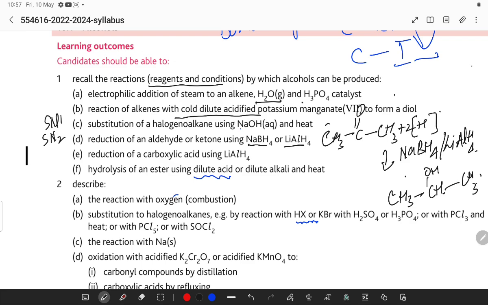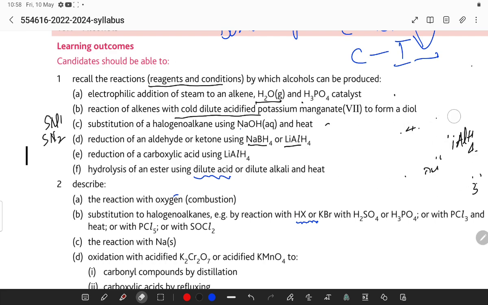And if aldehyde is used, this is an example of aldehyde, reaction of aldehyde.